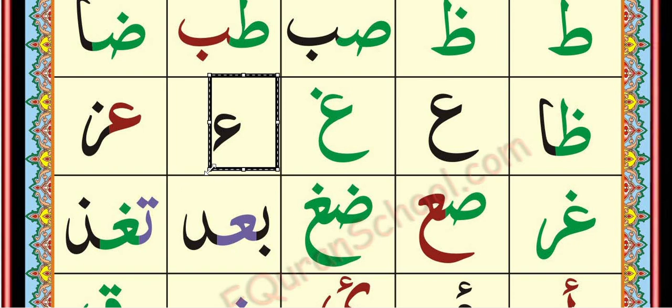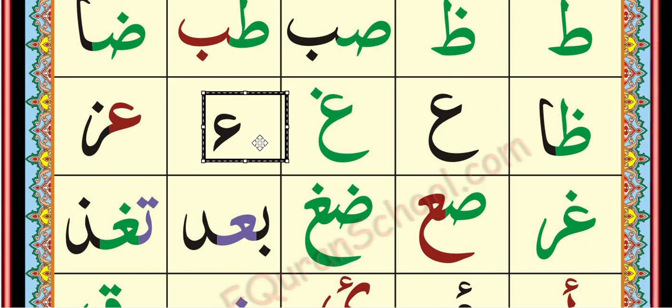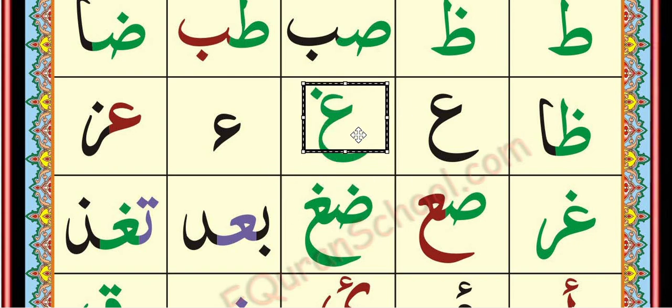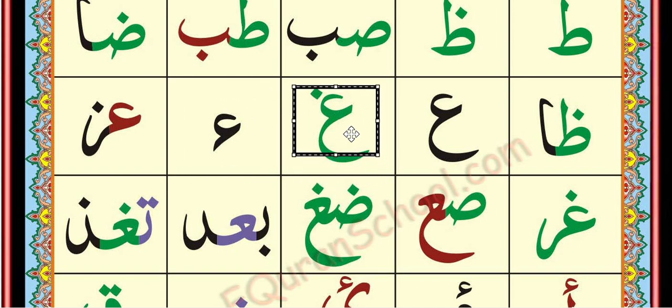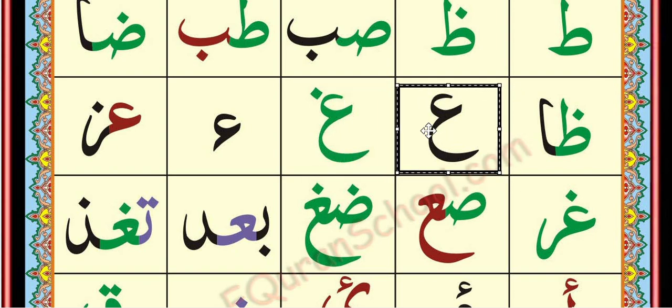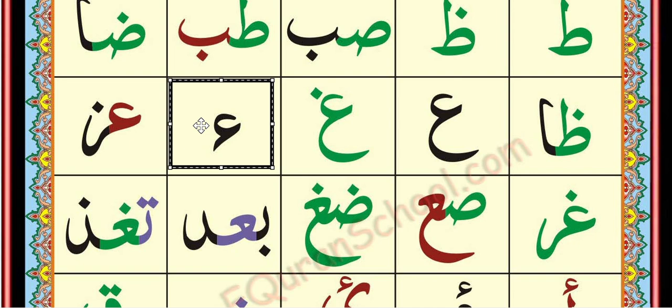Many people say that is Ain, but my dear, this is not Ain. Keep in your mind, the shape of Ain is a little bit small. This one is a little bit bigger. This is Ain, sorry, this is Hamza. This is not Ain, this is Hamza.